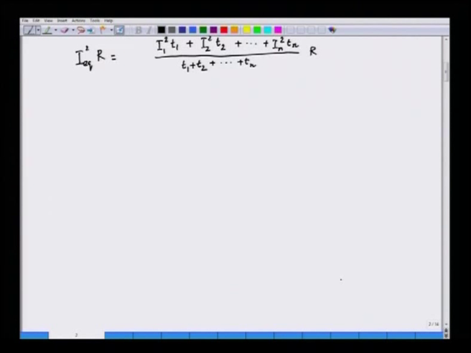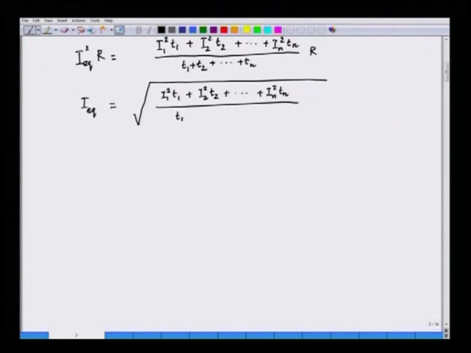Now, this R will also be cancelled. So from this equation, I equivalent is equal to the square root of I1 square T1 plus I2 square T2 up to In square Tn, divided by T1 plus T2 up to Tn. So we have been able to find an equivalent current.